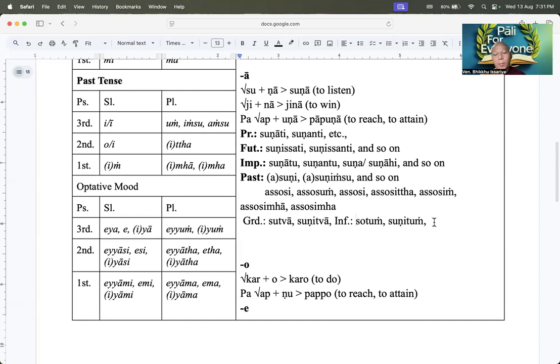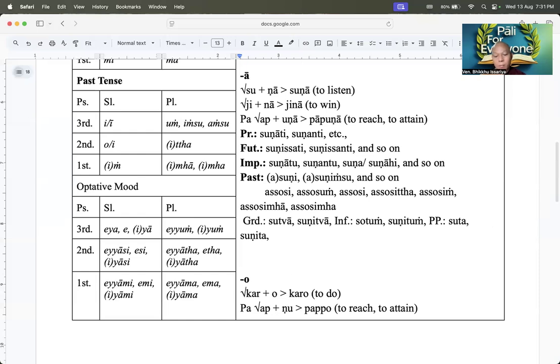Okay. And then the past participle. The past participle is su da, and then su ni da. And also the present participle. The present participle is su nant, and then su na ma na. Not su na ma na, su na ma na, the long one becomes short.